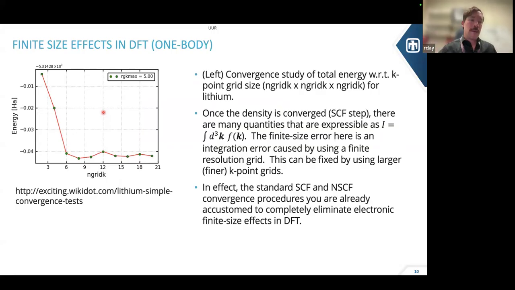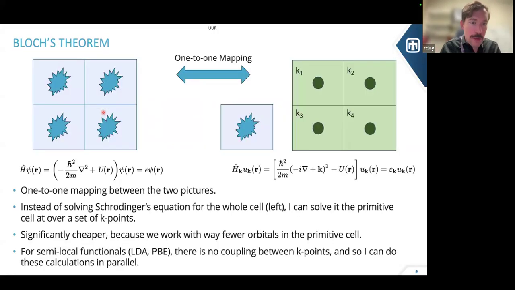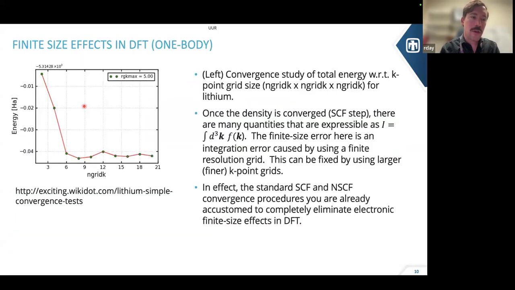So in DFT, one of the major things about the finite size effects here is that, whenever we do a DFT calculation, one of the standard things we have to control for is we have to do convergence tests for K-point grids.